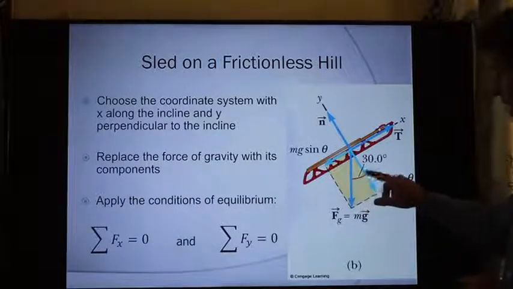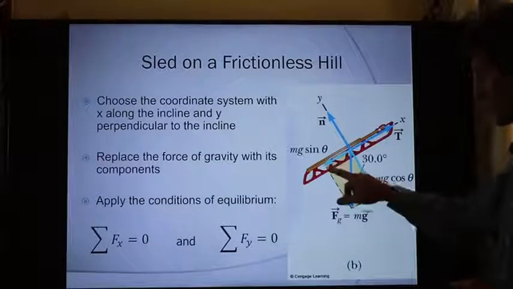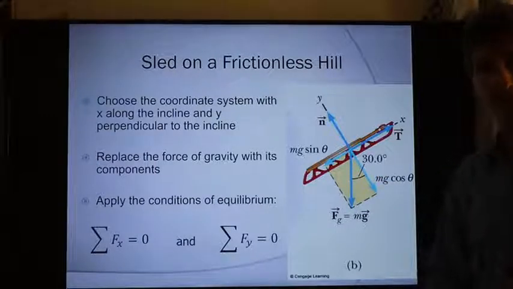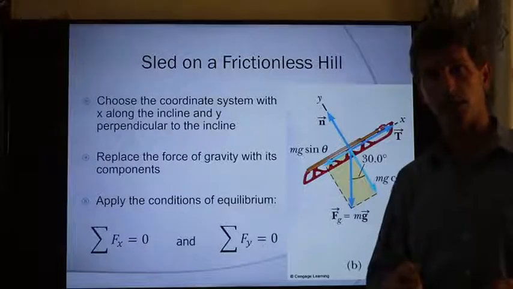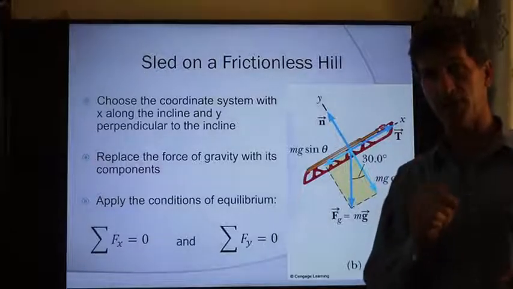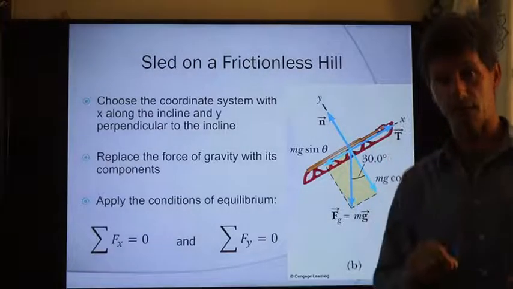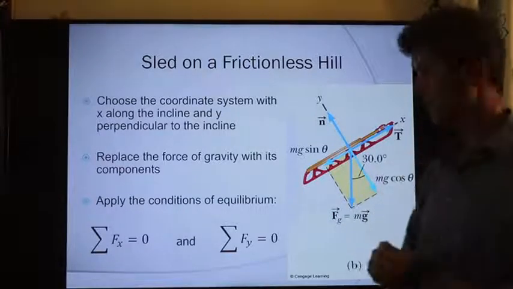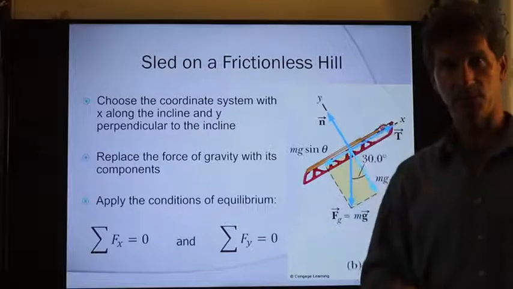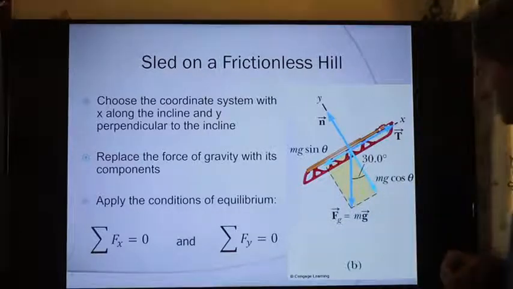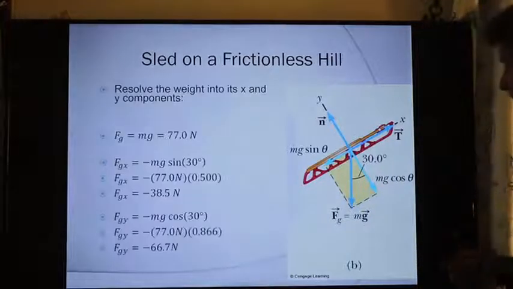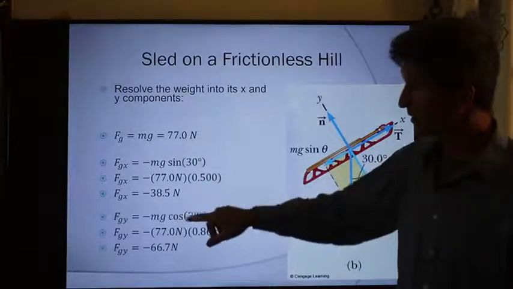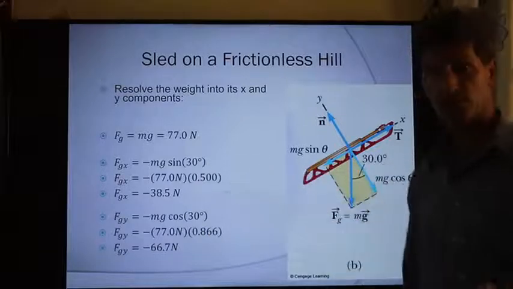Now it makes a 30-degree angle with respect to the y direction, or a 60-degree angle with respect to the x direction. Be careful how you use cosine and sine. Cosine is used when the angle is made with the x-axis for the x direction. Sine is used for the y direction when the angle is with respect to the x-axis. Okay? So when we do this right here, notice I've switched sine and cosine and used 30 degrees.